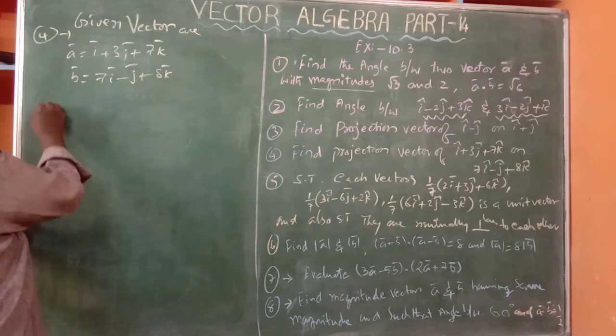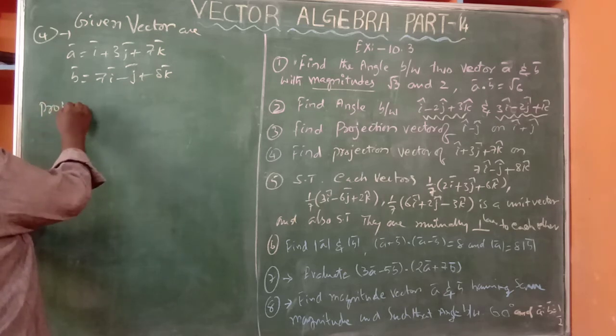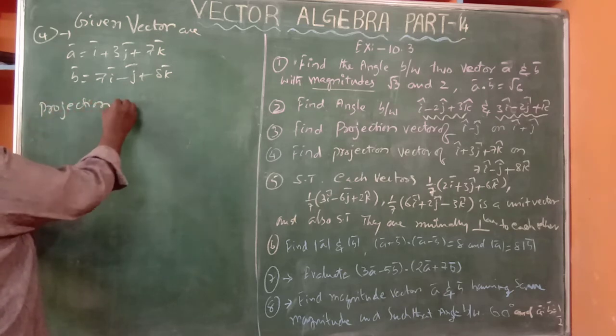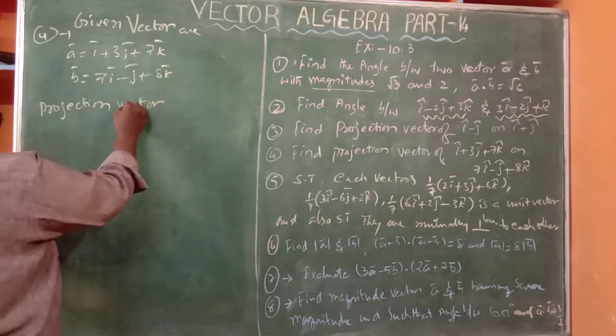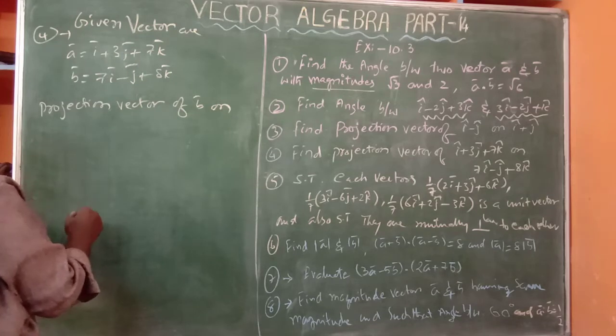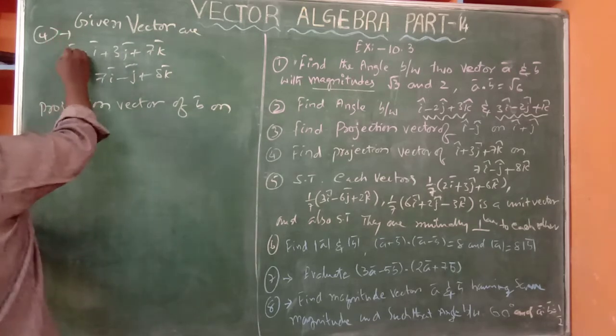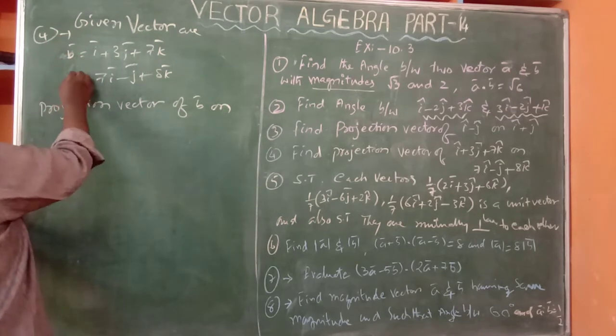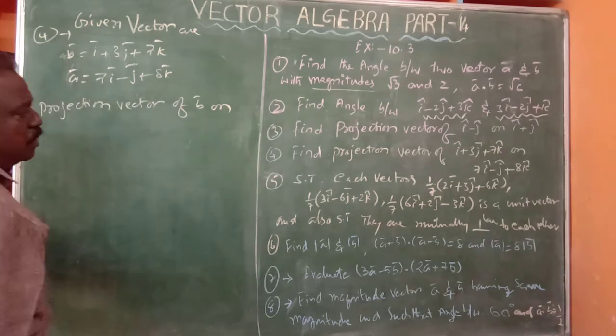Projection vector of B bar. Here the first vector is always B bar, second vector is always A bar, like that only.